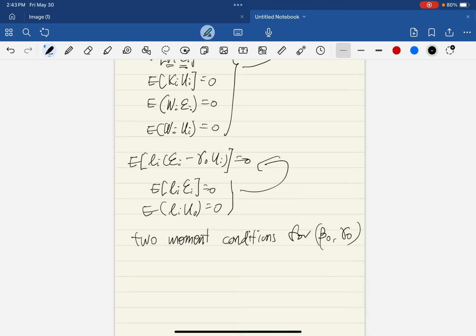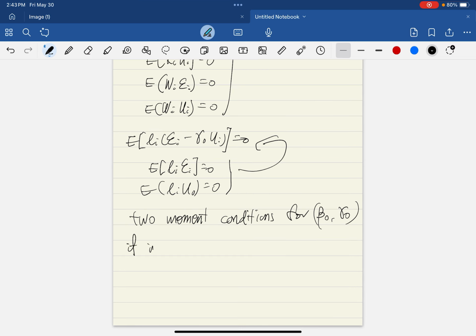And if the intercept is needed, you can recover it from the mean relationship: expectation of yi equals alpha 0 plus beta 0 times expectation of li plus gamma 0 times expectation of hi plus error. Error has mean 0.